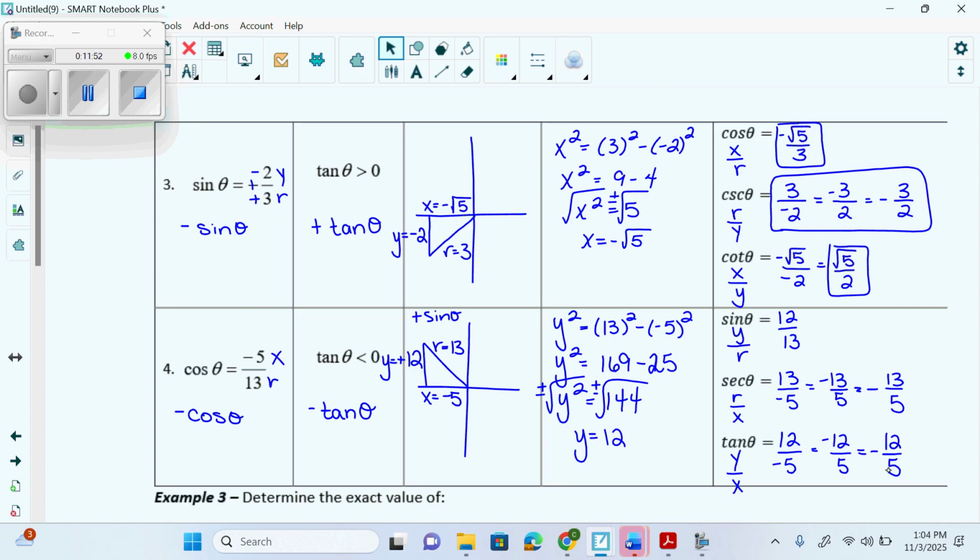You are not allowed to flip angles. You flip answers. You don't flip angles. I would write that on my little unit circle at the very top: flip answers, not angles.